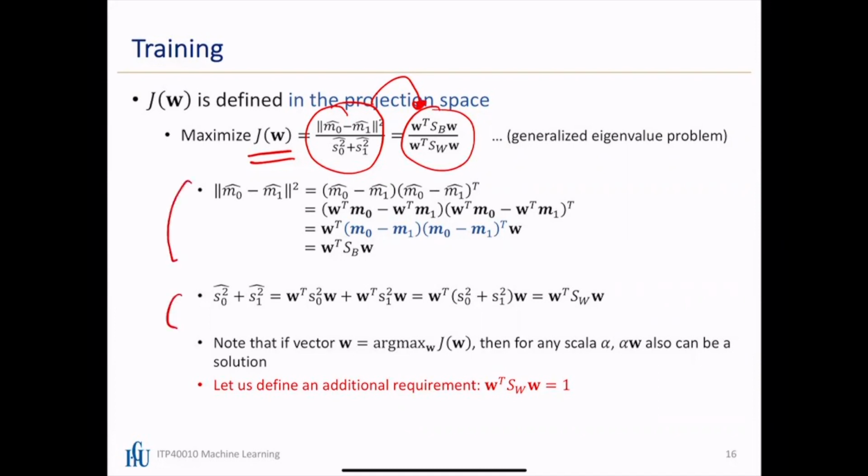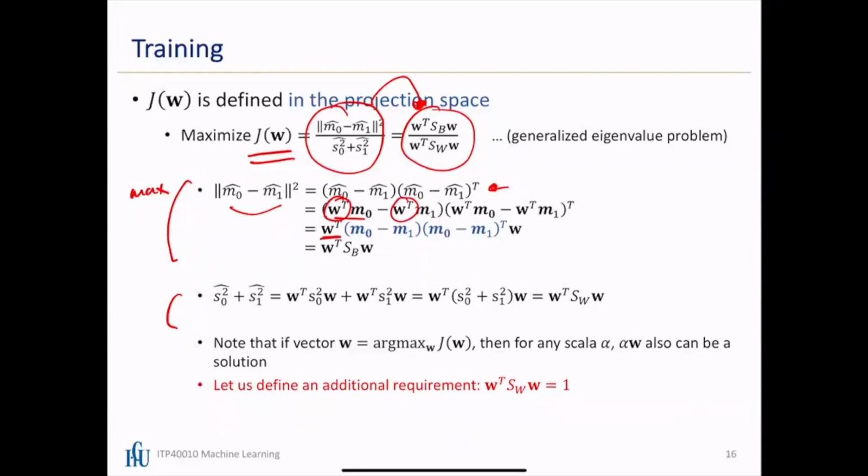The next two bullets show how you derive W^T S_B W and W^T S_W W based on the original mean vector and variance. Let's look at the numerator first, which is to be maximized. You want to maximize the distance between the two means, and this is squared. Initially you can write things down in this way, and these are the projections. You can expand the projection in terms of W and the mean from the original space. After that, you can associate W and take it out.